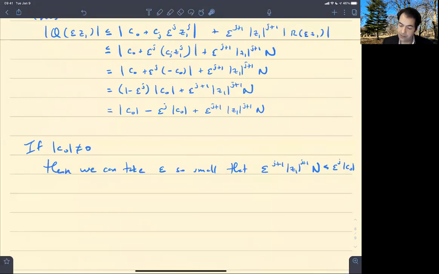Right, so this term I can make smaller than this guy in absolute value because I have an extra power of epsilon.